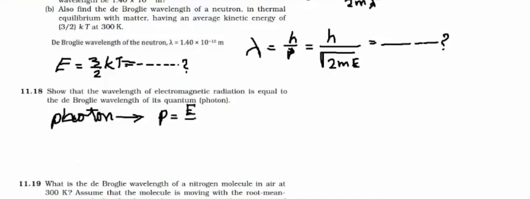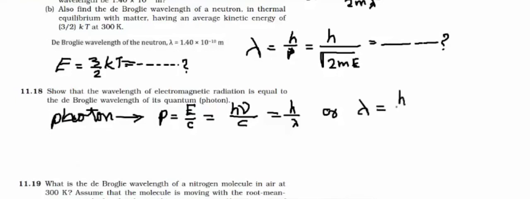You have studied momentum of photon, energy divided by speed, and E is equal to h nu. So p is h nu divided by c. Again, nu by c is 1 by lambda, so you will get p equal to h by lambda, or cross multiplying, lambda is equal to h divided by p.